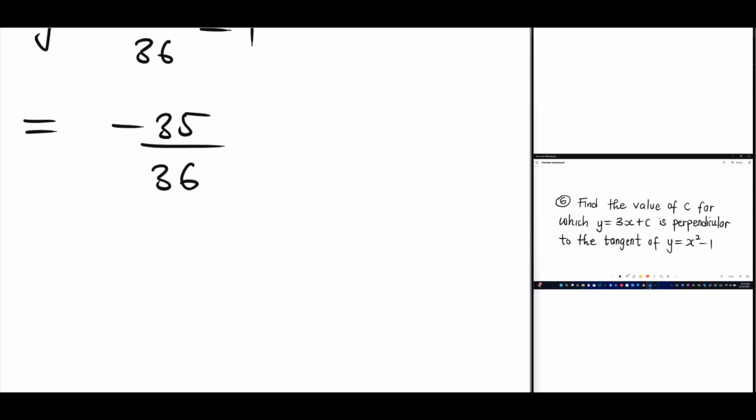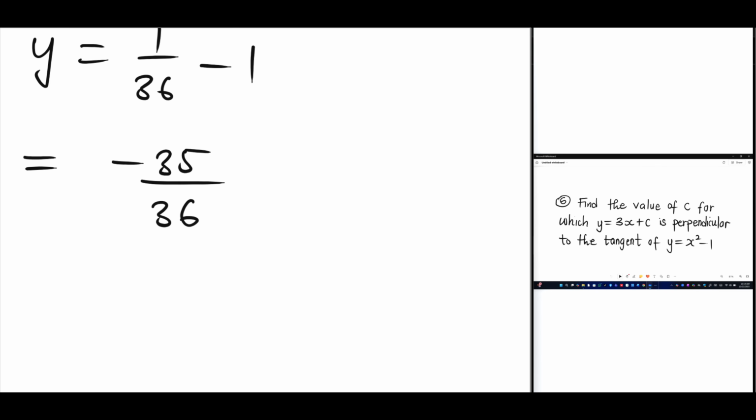Now this becomes the y value at the point where the curve touches the tangent, and that's the same point where the other line y is equal to 3x plus c meets the tangent to form the normal, the line which is perpendicular to the tangent.